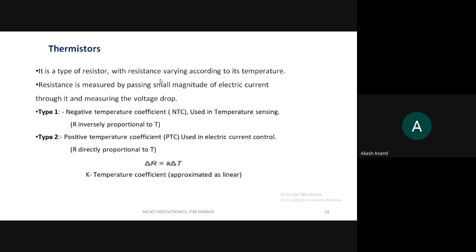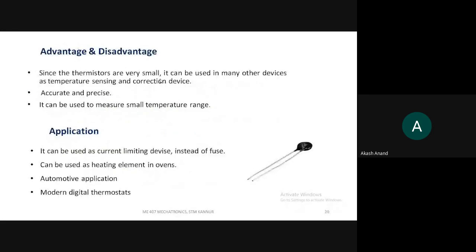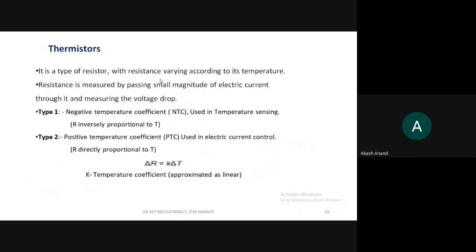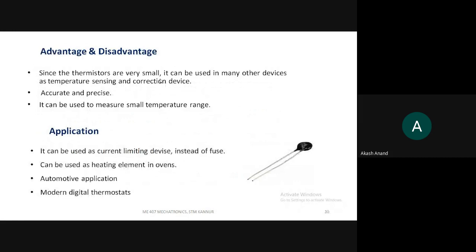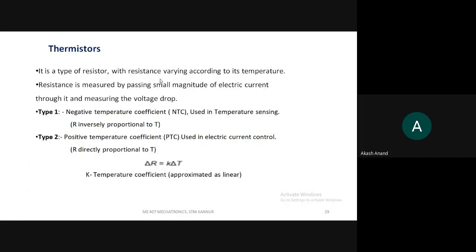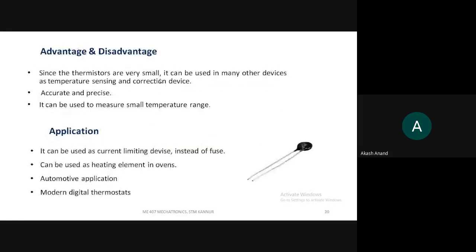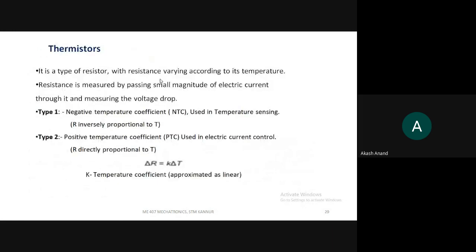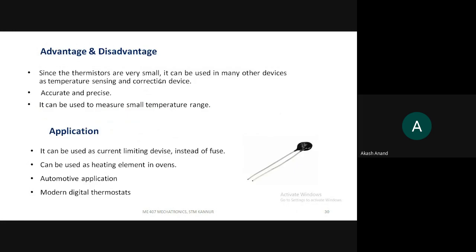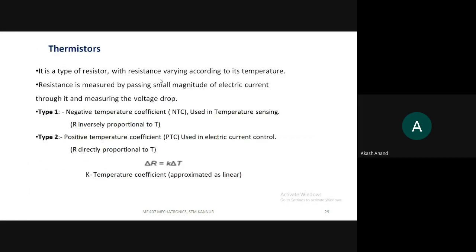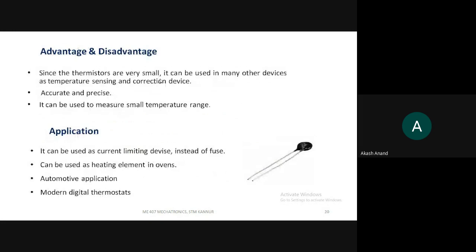One type is negative temperature coefficient device, and the other type is positive temperature coefficient device. That is, when the temperature increases, in case of NTC, the resistance decreases, and in case of PTC, when temperature increases, the resistance also increases. So this is how the thermistors are working.